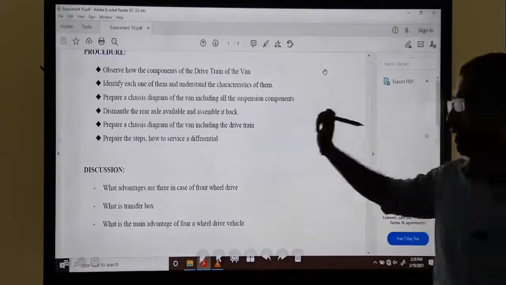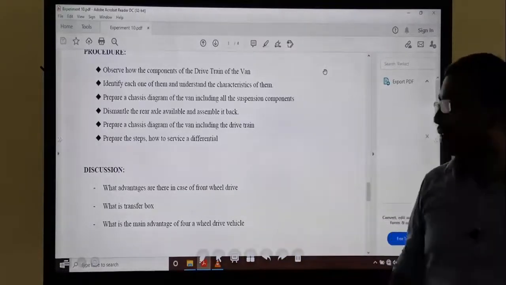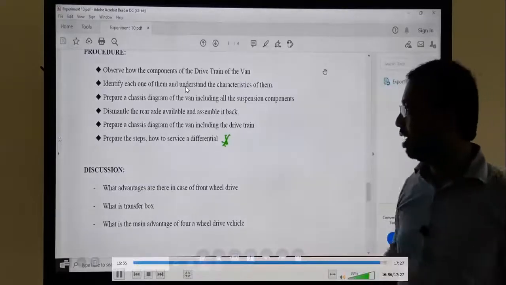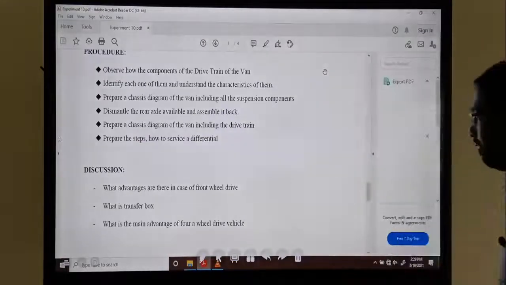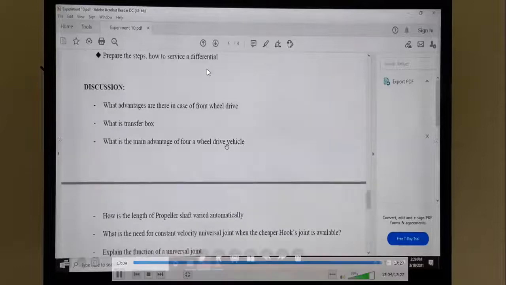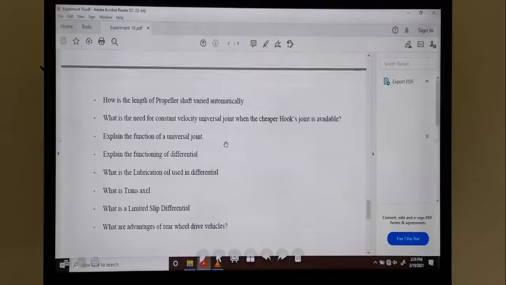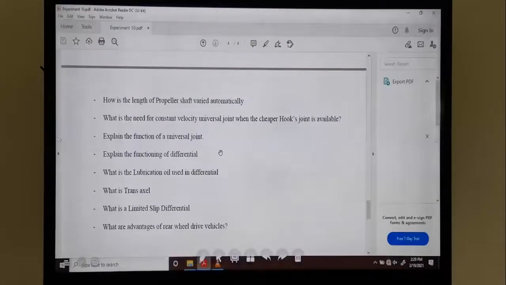So this type of service is very important. You only have to complete this last part, and for the differential you can search on the internet, YouTube and any other books. You have to complete these things.